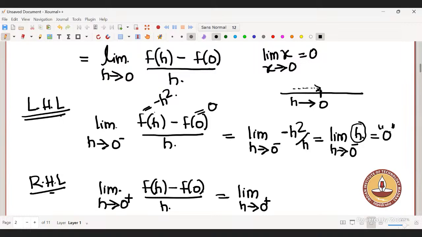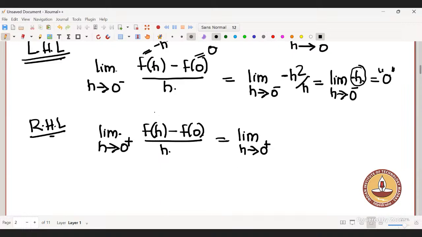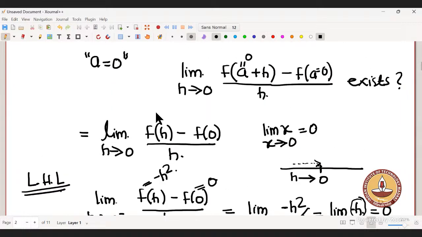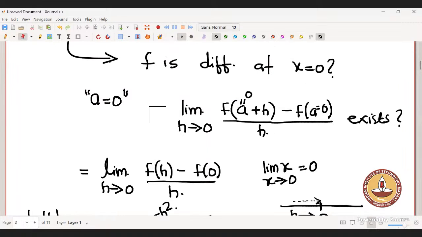Again, it's not going to affect anything because you are going to 0; 0 negative and 0 are basically the same. Now again, by the same logic, this is 0. So the left hand limit and the right hand limit are the same. That means this is your 0.